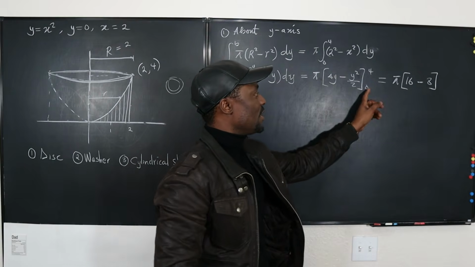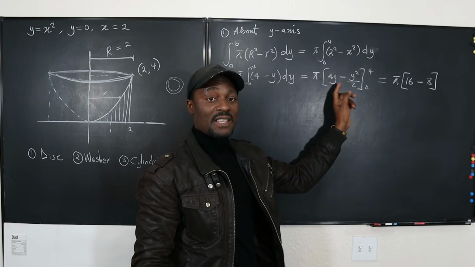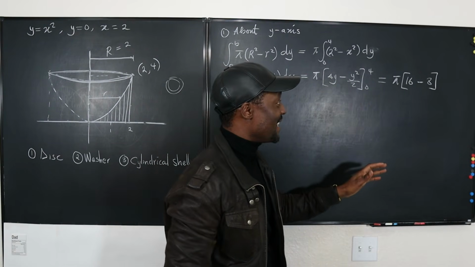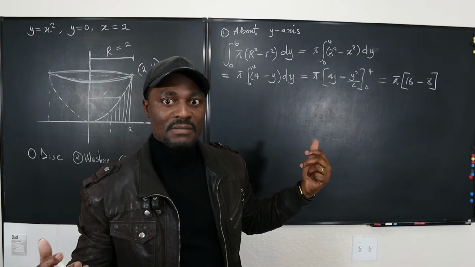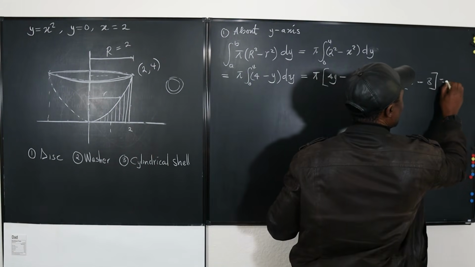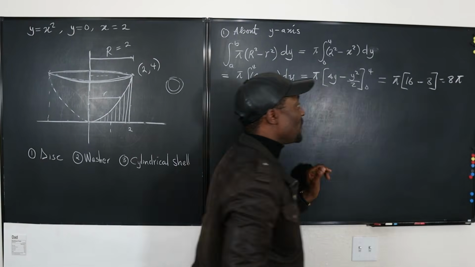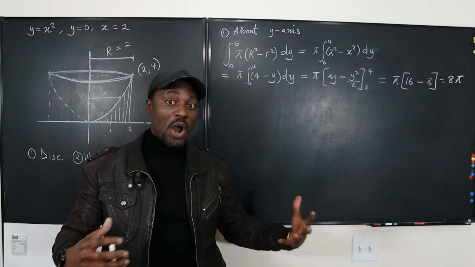Remember, I'm ignoring the 0 because if you put 0 in either case, you're going to get 0, so I'm not thinking about it. So what is 16 minus 8? That gives us 8, and times pi, that gives us 8 pi. Okay, so this is what you get if you use the washer method.